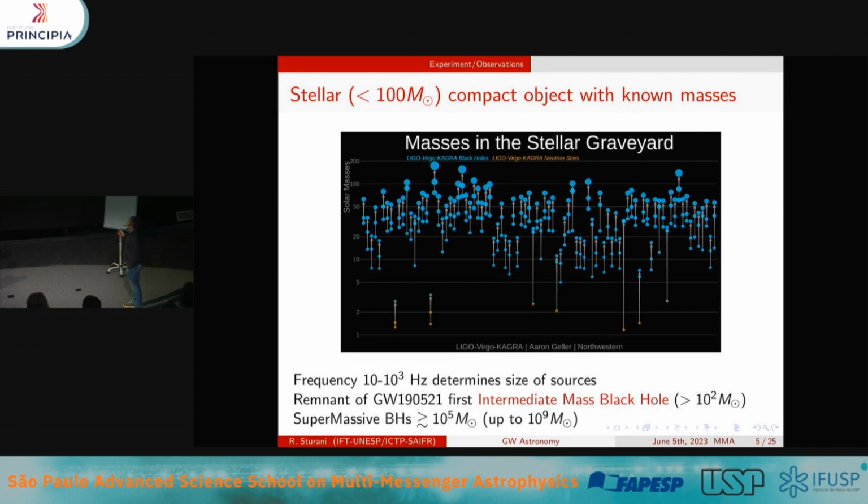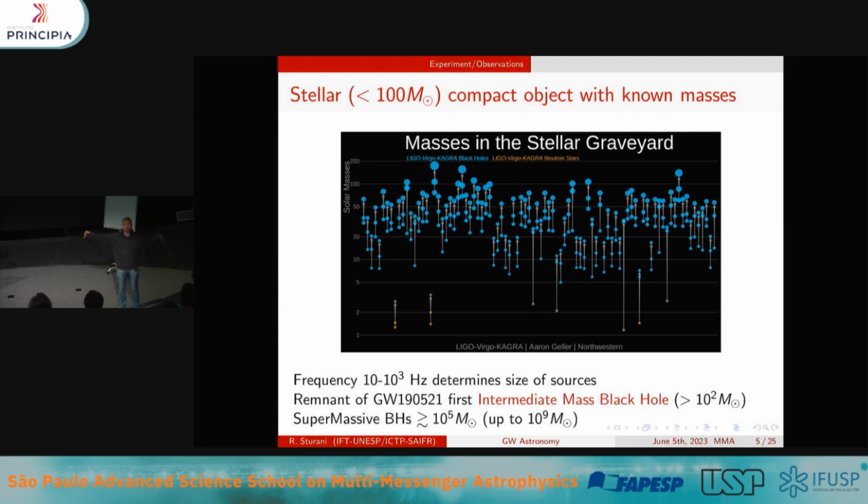So why don't we see black holes of masses of 200, 300, 500, 1000? Well, probably they might not be there simply because nature didn't make them. But we cannot say that, because it's related to the frequency of the gravitational wave detector. The detector cannot see things below, here I've been a bit optimistic, actually below 20 Hertz.